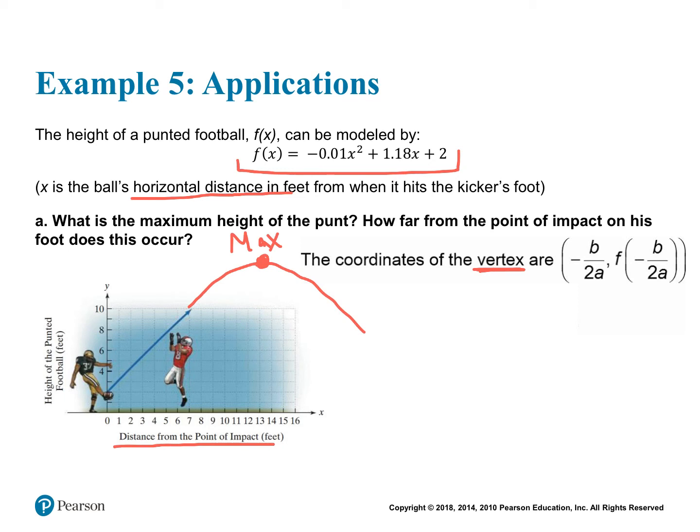So I'm going to use the x equals negative b over 2a. Here's my a, b, c. I'm going to have negative 1.18 over 2 times negative 0.01.